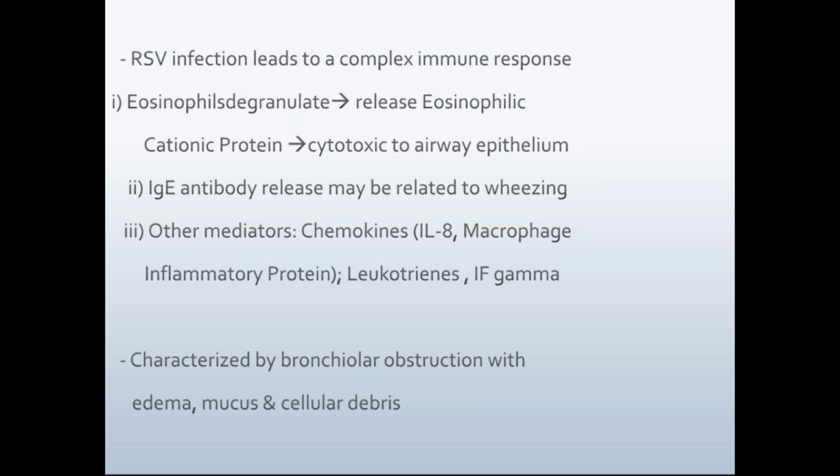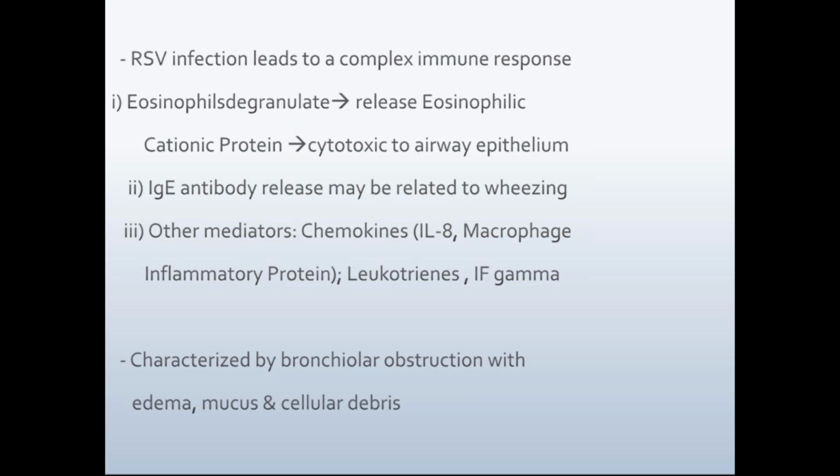This is one mechanism. Another is IgE antibody release, which also leads to wheezing. Other mediators in this complex immune response are chemokines like interleukin 8, macrophage inflammatory protein, leukotrienes, and interferon gamma.